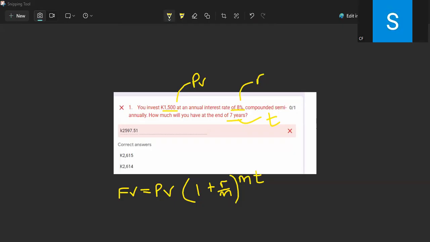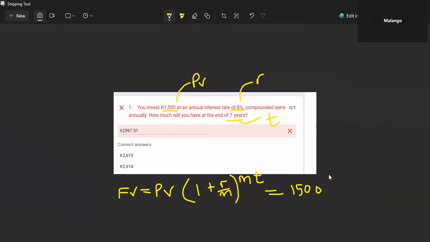Okay, anyone who's found it? Are you following? So present value, what are we putting on present value? 1,500. I don't have a calculator. I left my calculator at home.